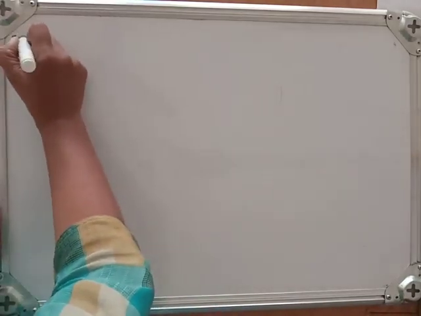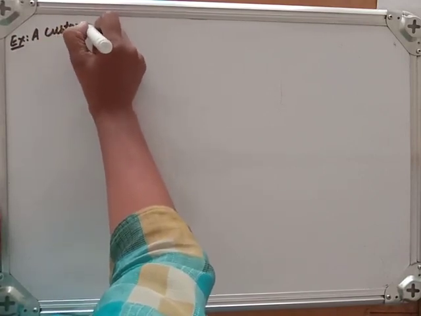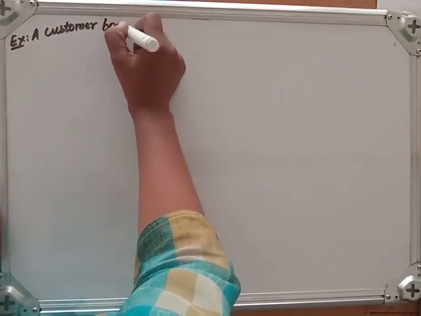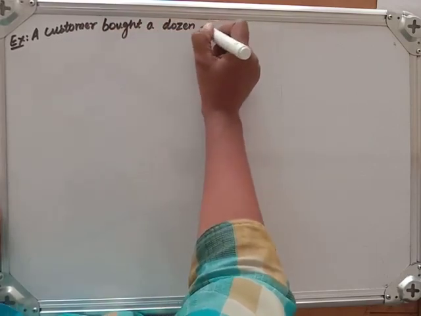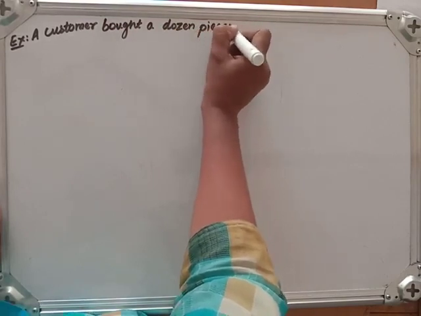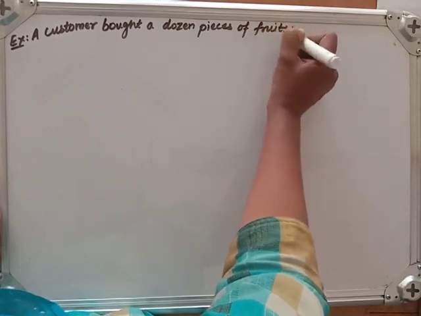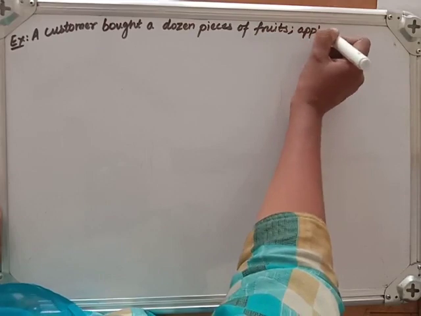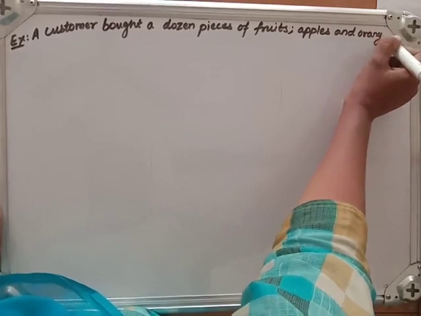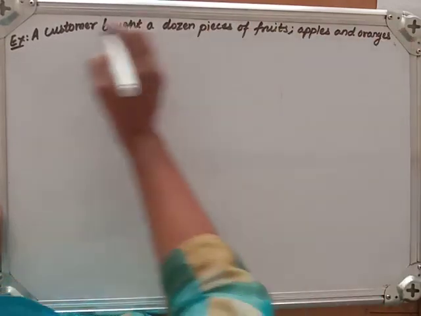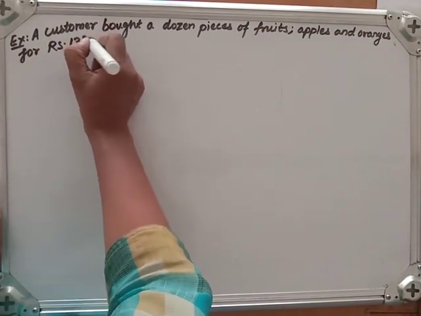Example: a customer bought a dozen pieces of fruits, apples and oranges for rupees 132.